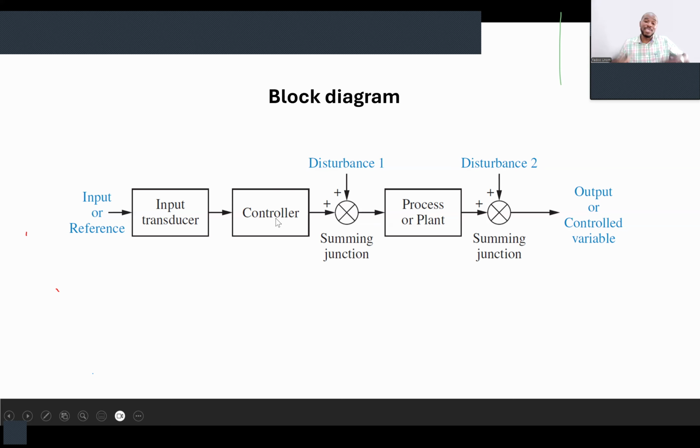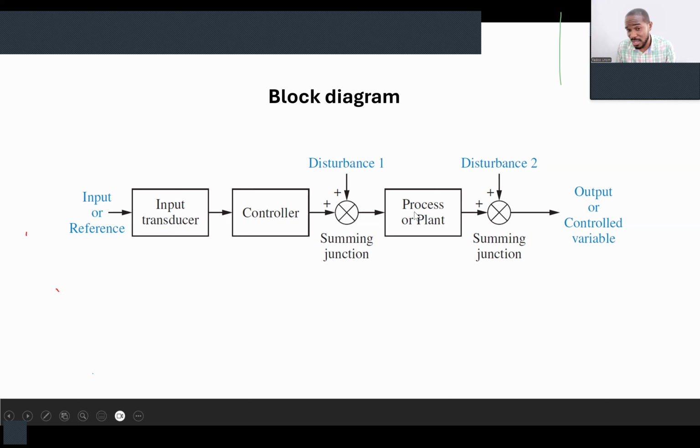In itself, it might be a subsystem. So you can even break it down and you will see other different units that are working together to control. But what it does is it will receive this signal, work on it, and send out that output. Now, this output is supposed to go straight and work on the process plant.